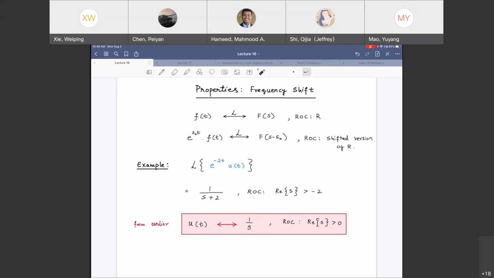In the Laplace domain, you had a shift by 2, which means that in the time domain, you had a multiplication by e to the minus 2t, just as the property says. But look at the region of convergence. The original one was real part of s greater than 0. Now we have a shifted version of R, right? That whole thing has shifted now to start from -2. Can you see that?